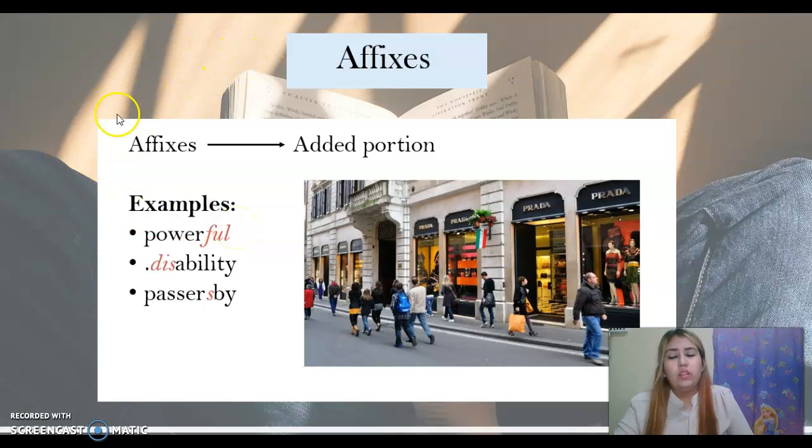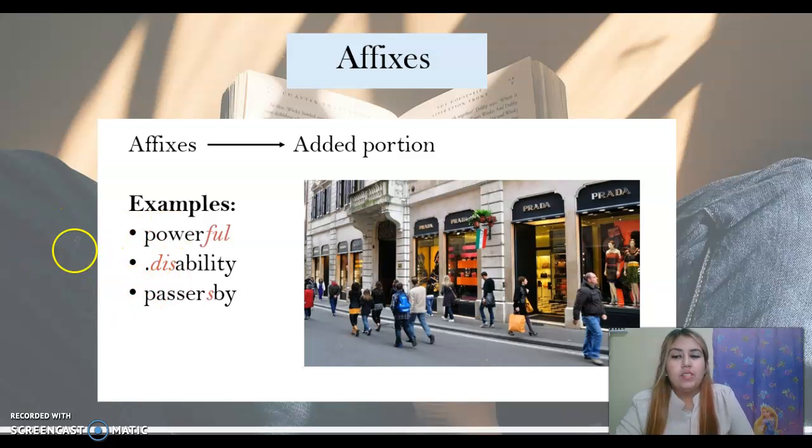Okay, in this example, powerful is acting as a suffix, because it goes at the end, but we are going to see that later. In this one, we have disability, and it's at the beginning, which is an affix, a prefix, sorry. But it's also an affix, because affixes are basically the principal name of them.